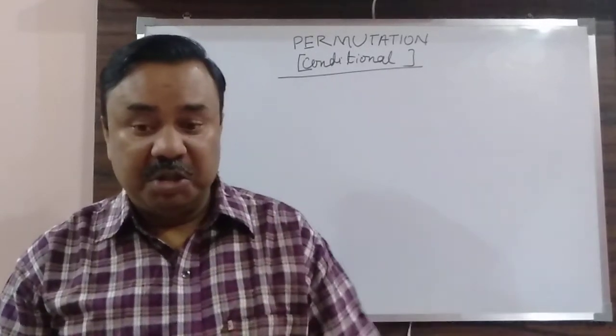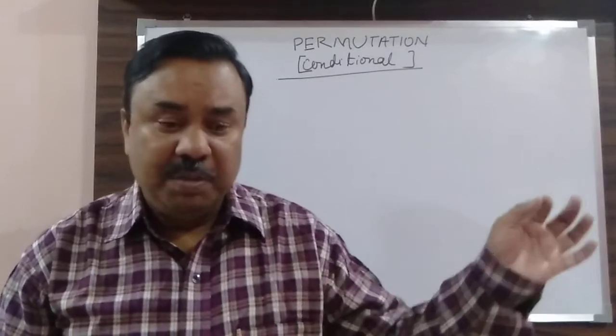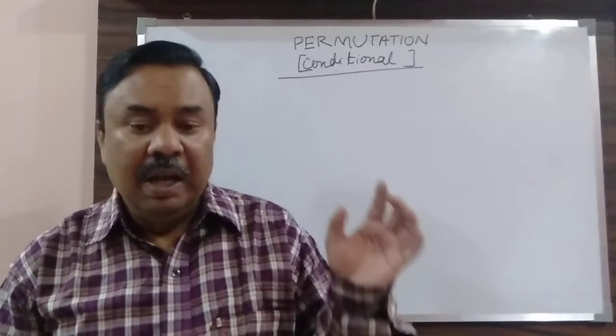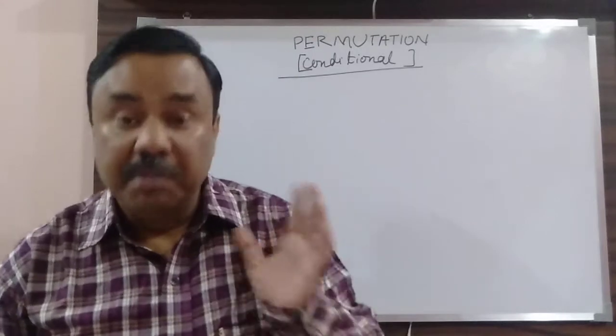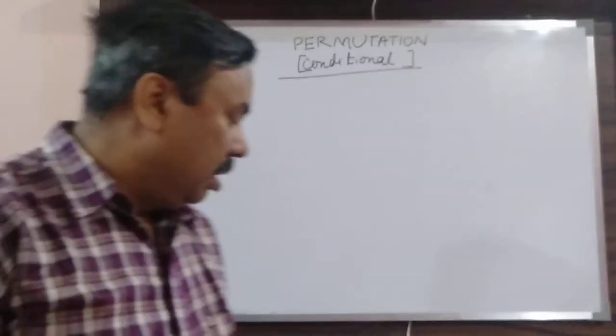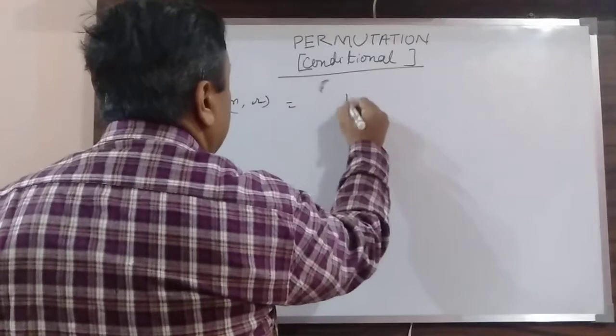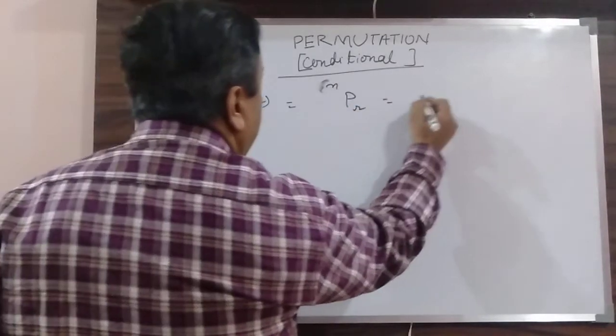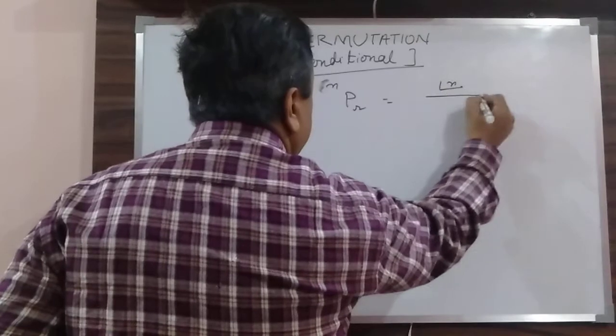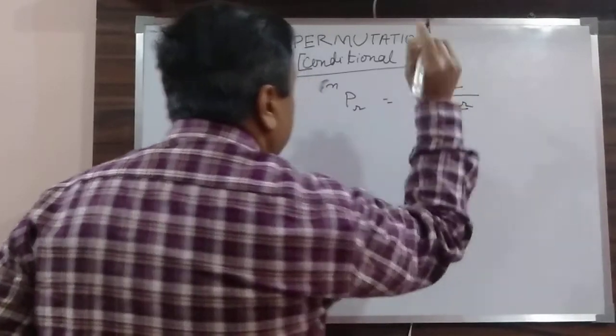So permutation of n objects, or arrangement of n objects taking r at a time, that I have defined as permutation, and it was represented as P N R. What it meant? Permutation of n objects taking r at a time. It was also represented like this, P N R, and the formula was factorial n divided by factorial n minus r.